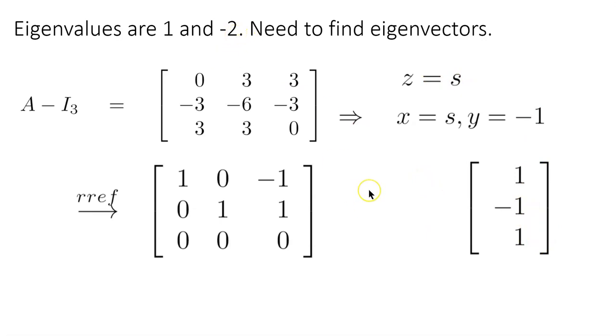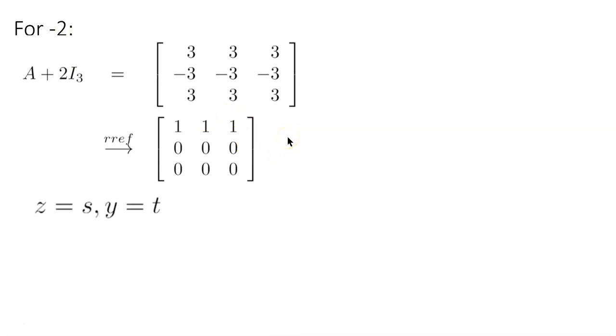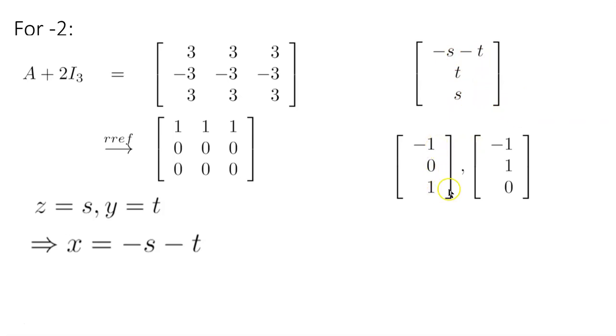Now I need to look at -2. Okay, so I get this for my matrix. Put it in reduced echelon form, I get this. So I've got 2 independent variables, which is good because I wanted 2 vectors. I'm going to let Z equal s and Y equal t, which means X is equal to -s minus t, which means my eigenvector is (-s minus t, t, s), which when I split it up to get the 2 eigenvectors, I get (-1, 0, 1) and (-1, 1, 0).